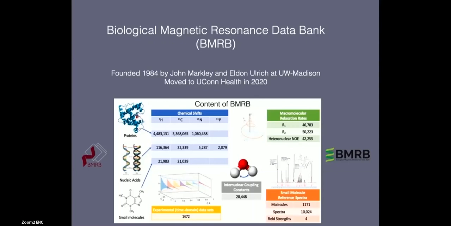So we've caught up a little bit with our structural biology colleagues in that sense. This is a somewhat dated slide of a snapshot of some of the content of BMRB, but we're always working to try to expand not only the size but the scope of the NMR data that's in BMRB.